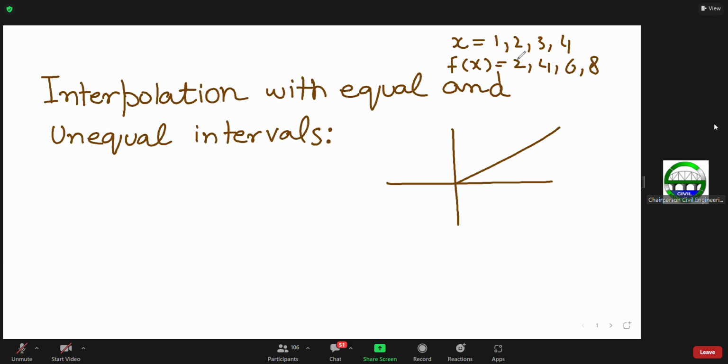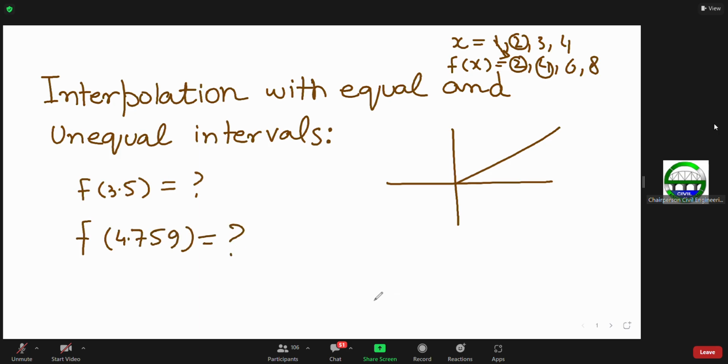You know the value of f(x) at 1, 2, 3, and 4, but you don't know the value of f(3.5), or f(4.759). You don't know what it is.